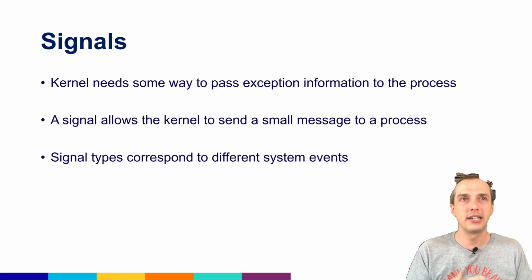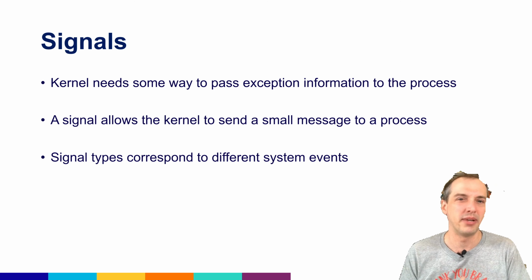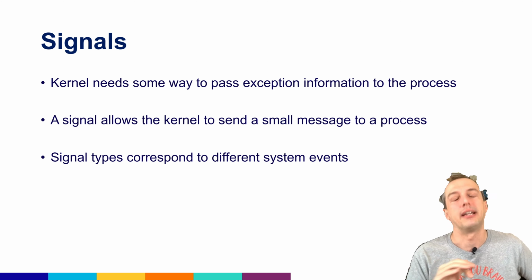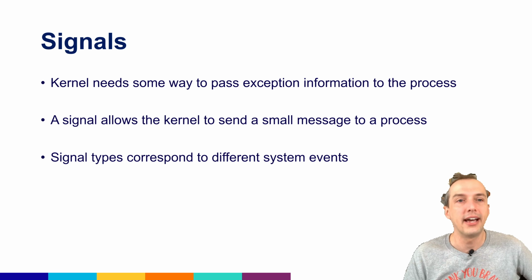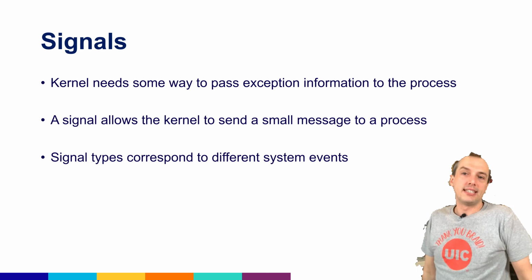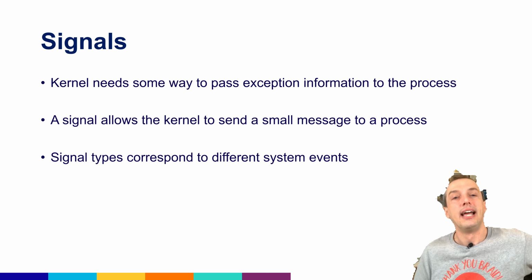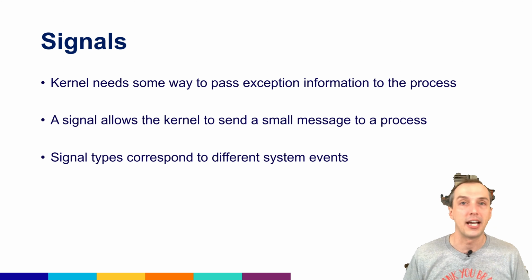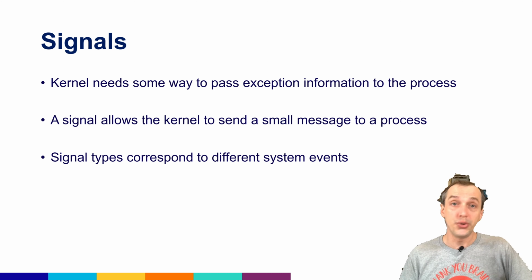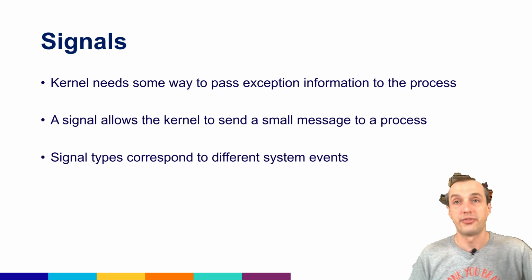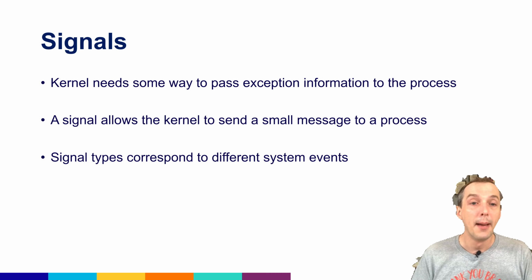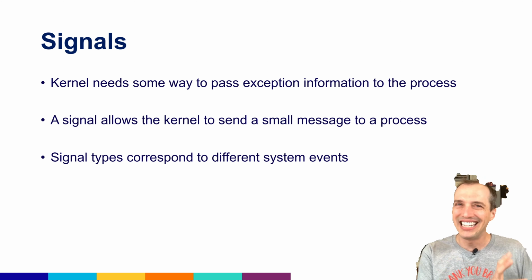It's still going to be disruptive, just not as disruptive. So the most basic thing we have here is that signals allow the kernel to send a small message to a process, and signals correspond to different types of system events. There are user-defined signals, which we will use for examples a little bit later on today, but those are going to be less common.